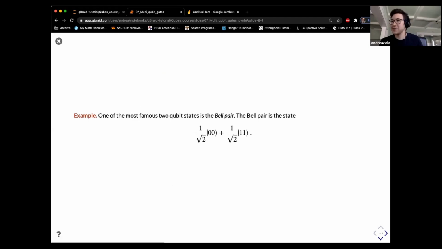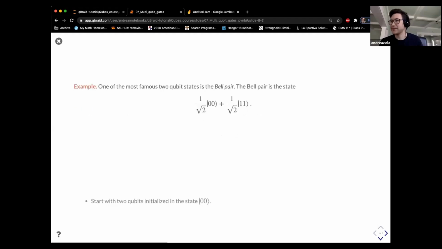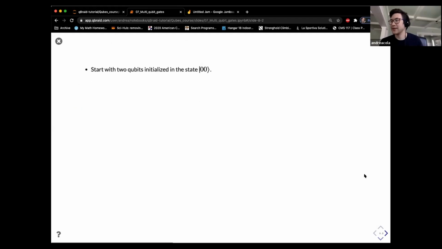As we have discussed, one of the most famous 2-qubit states is the Bell pair, which I showed you earlier. And here is how we prepare this very special state. You'll see how special it is probably next week, in one of the modules, when we do quantum teleportation.